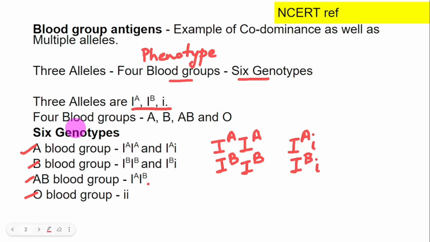So only one genotype is possible for AB blood group, and again in O blood group only one genotype is possible. So two genotypes are possible for B blood group and A blood group. So with this background, now we will attempt the question. So let's begin now.